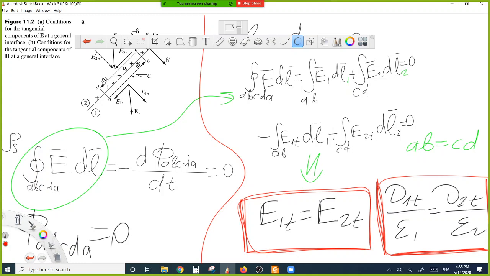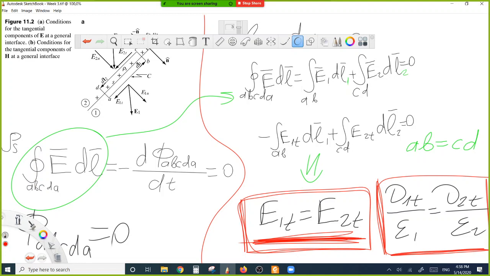So the tangential components of electric field intensities are continuous. They don't jump at the interface.